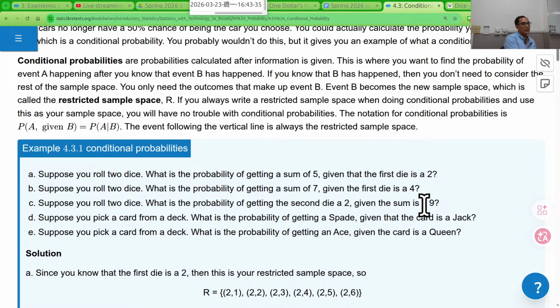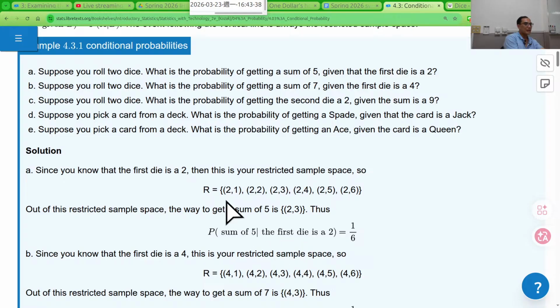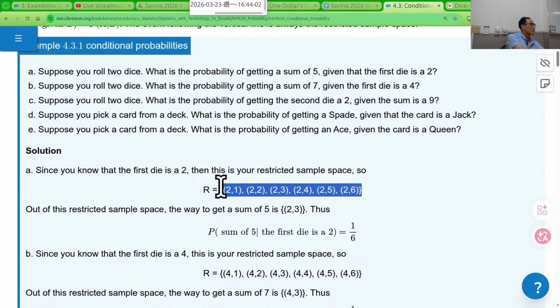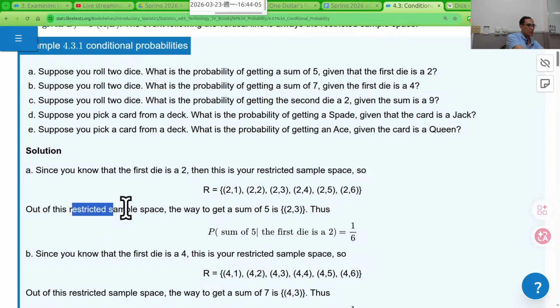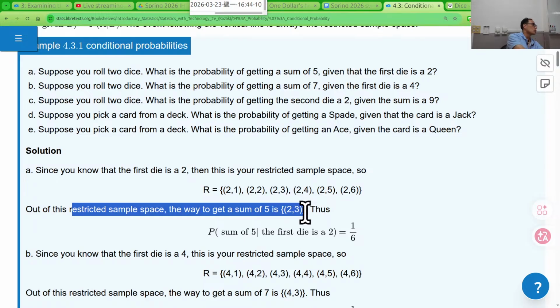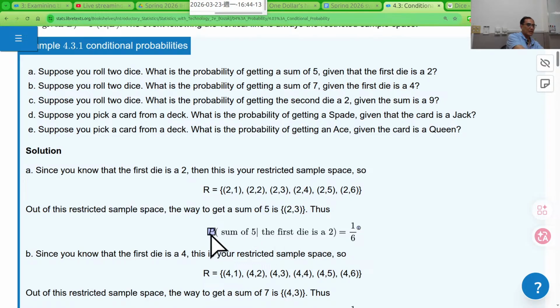The second die has 6 possible outcomes, 1 through 6, when the first die has been restricted to number 2. In this restricted sample space, the way to get a sum of 5 is only 2, 3. Thus, the probability is 1/6.